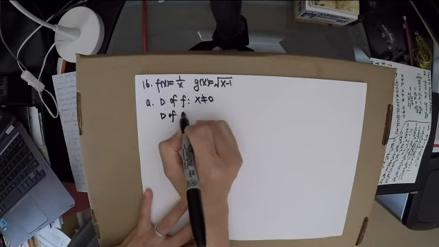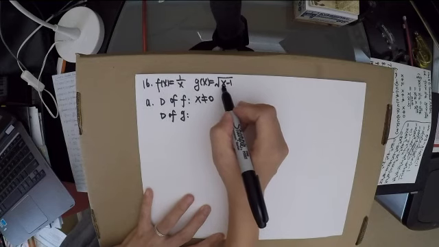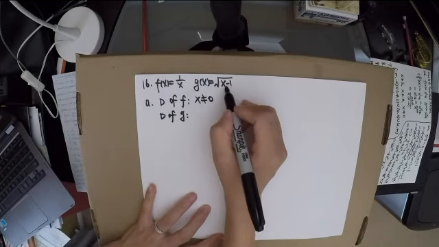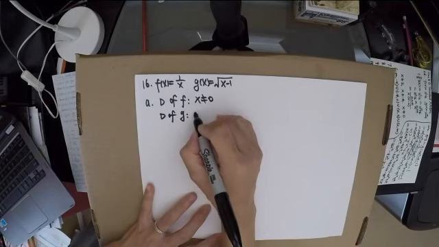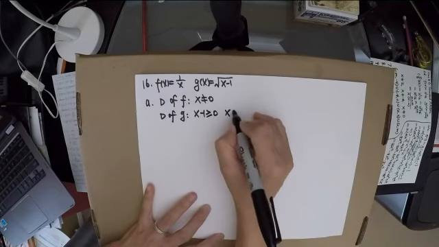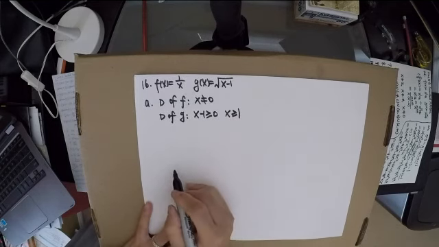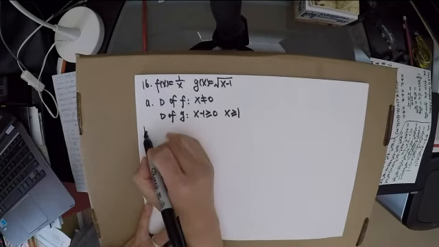Domain of g: underneath the square root sign, the whole thing has to be greater than or equal to 0, meaning x minus 1 is greater than or equal to 0. That gives us x greater than or equal to 1. That's it.